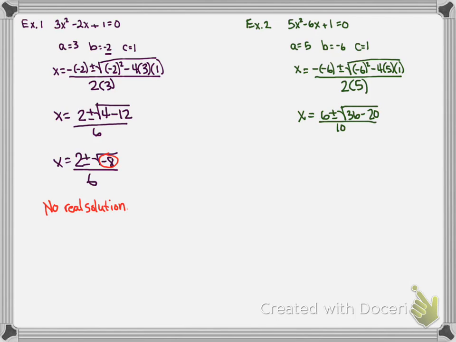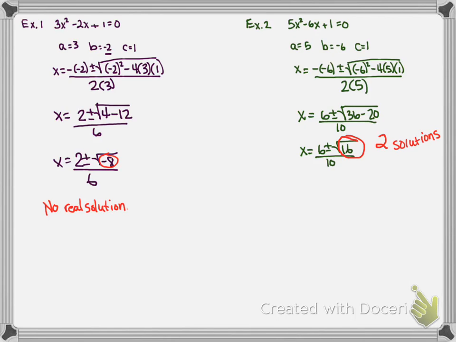Or x is equal to 6 plus or minus the square root of negative 6 squared is 36, minus 4 times 5 times 1 is 20, all over 2 times 5 is 10. Simplifying further, x is equal to 6 plus or minus the square root of 16 over 10.